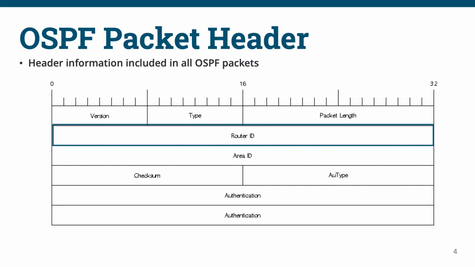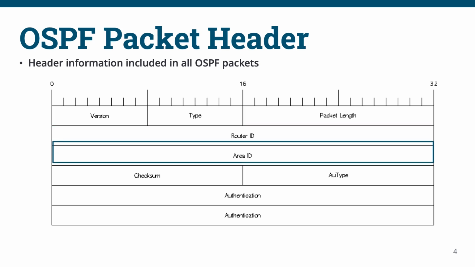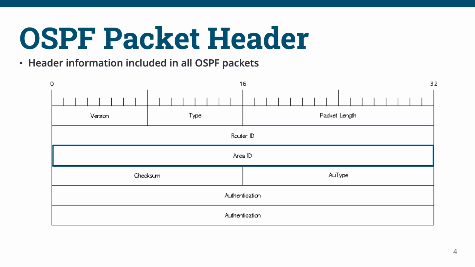The RID, or router ID, is 32 bits, or 4 octets in length. As mentioned before, it takes the form of an IPv4 address, since it is 32 bits in length. The area ID can also be expressed in the form of an IPv4 address, since it too is a 32-bit field in the header.